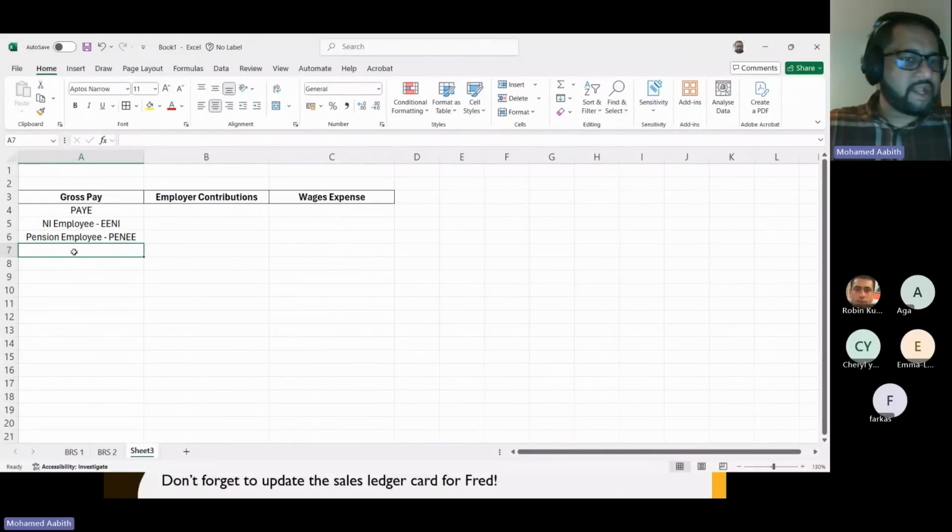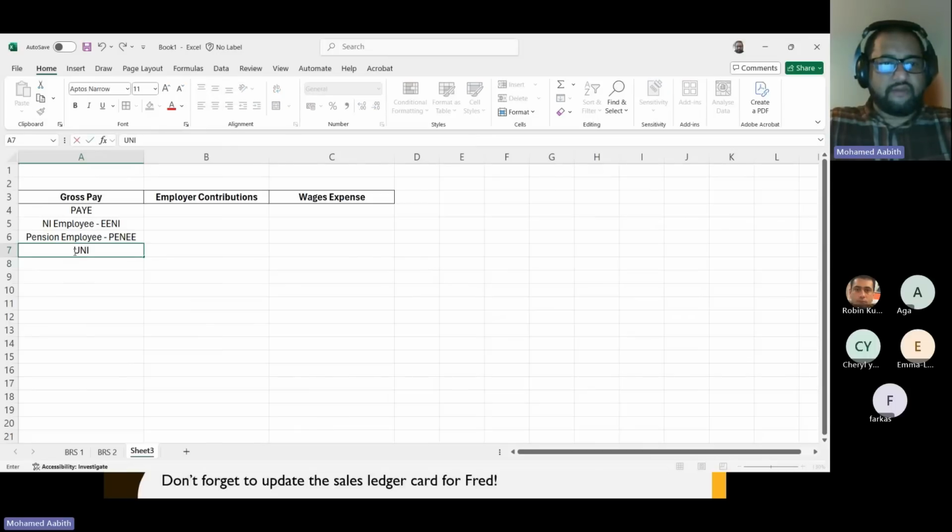And then what else do you pay from your wages? You also may pay some other things like union fees, charitable contributions.